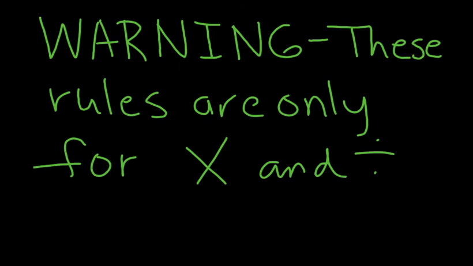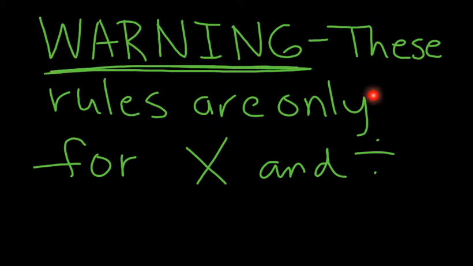Okay, warning. These rules only work for times and divide. Only multiplication and division. They do not work for add and subtract. But sometimes your brain will try to make them work for add and subtract because you forget.